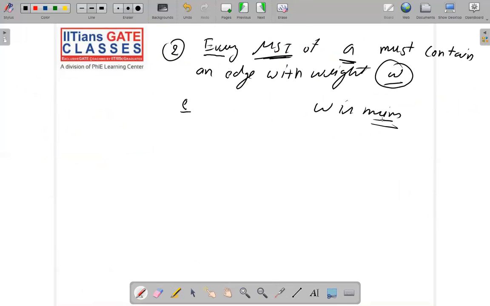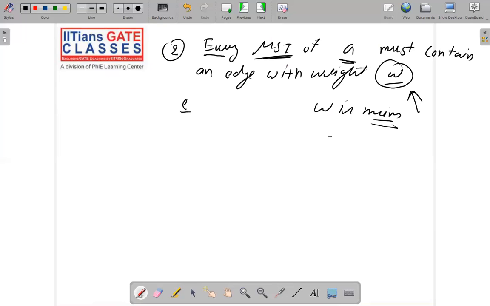So if we start with Kruskal's algorithm, because Kruskal's and Prim's will give us the same, or if not, equal weight minimum spanning tree, then there will be an edge which will have this W. If this is not true, that tree won't be a minimum spanning tree. Remember that.